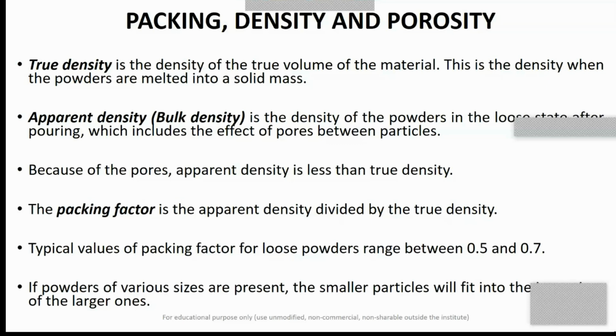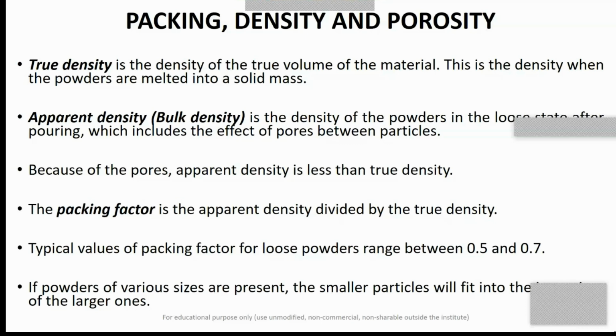Most of you know what true density is, but basically it is the density of the true volume of the material, the density when the powders are melted and then formed into a solid mass. In this case you don't have any pores or porosity in this solid mass. So the density of this solid mass formed by melting of the powder particles is your true density.